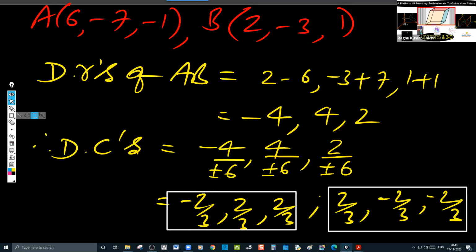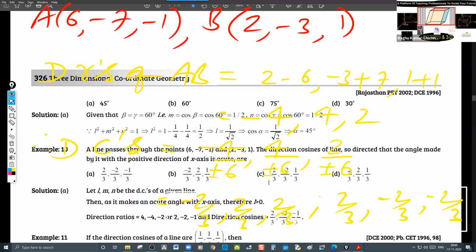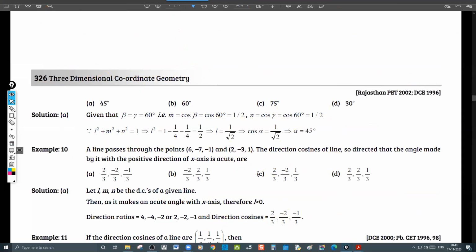Your answer must be, according to this, tell me which option satisfies, please. First option? Not first option. Second option, sir. First option only, sir. Two minuses, sir, my first option only.